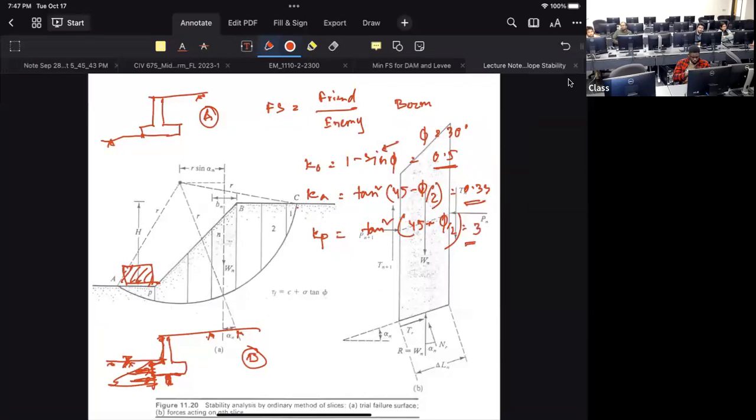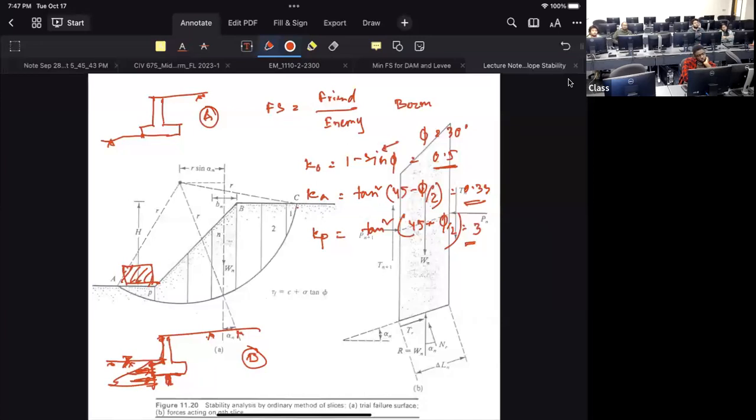So if you make a structure stronger, it attracts more load. If the structure is flexible, it doesn't attract that much load because your load goes down. But if you make the structure stronger, it attracts more load because the soil will give you the at-rest condition, not the active earth pressure.